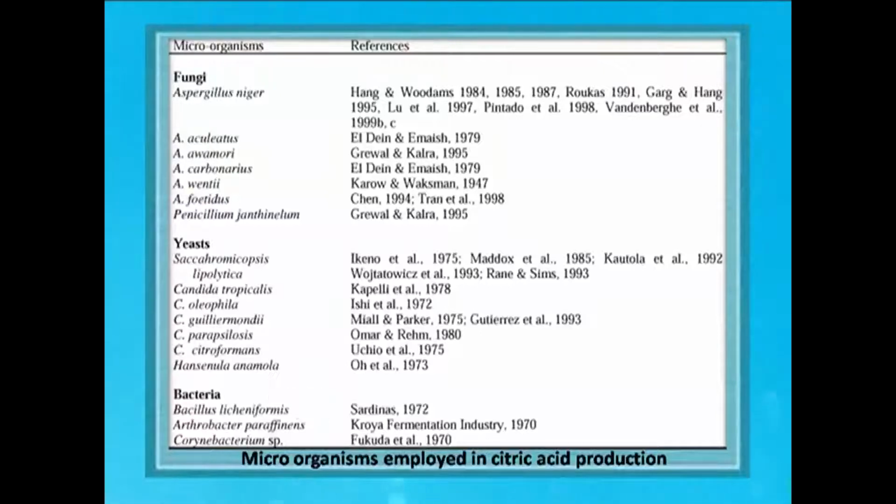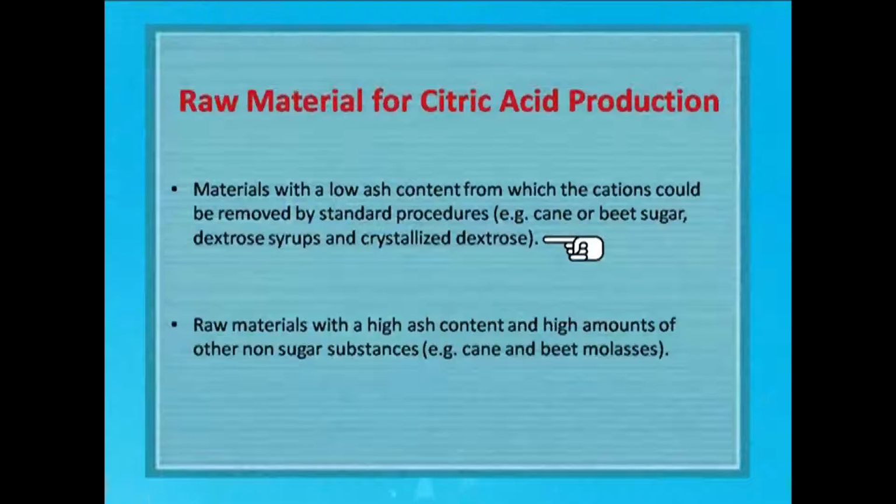So there may be a host of different organisms employed in citric acid production, reported by different authors at different times. But broadly, the raw material used for citric acid production can be classified into two distinct types: low ash content, which includes cane or beet sugar, or even dextrose syrup, and the other one, high ash content, which includes beet molasses.